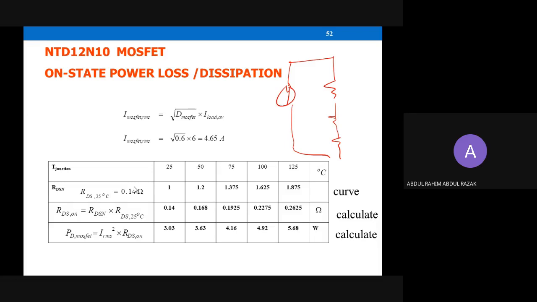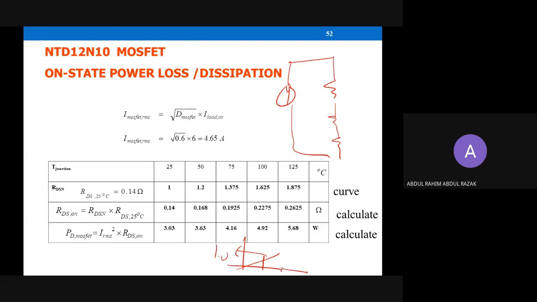It shows that you have a 0.14 ohm RDS on at room temperature, 0.15 and 0.15. But in the scenario now, we are going to use it above room temperature. So at room temperature, the normalized factor is 1.0.